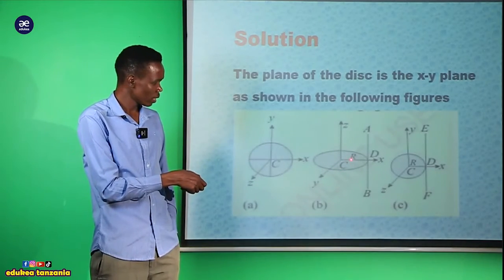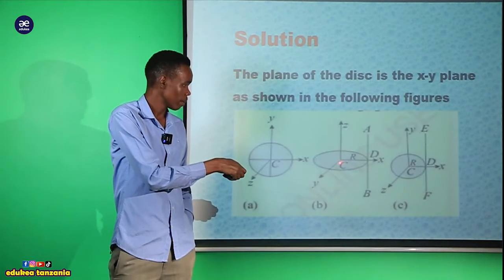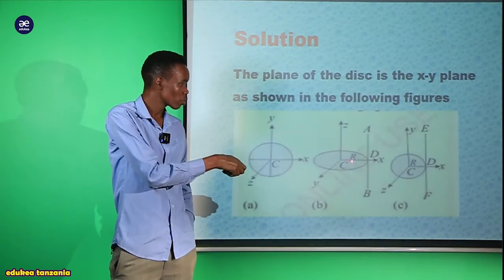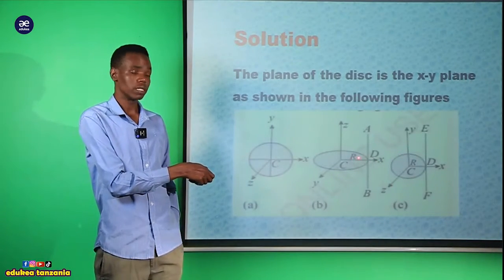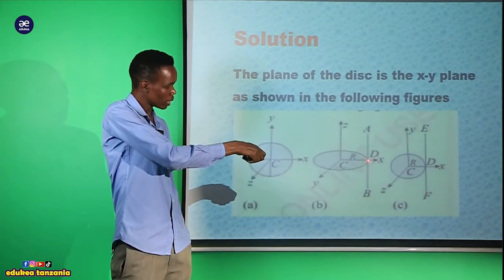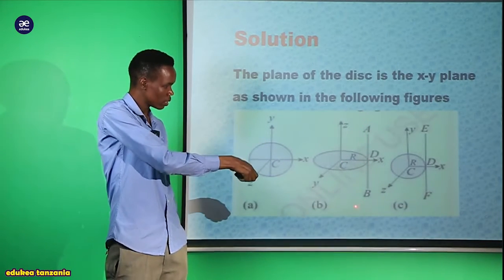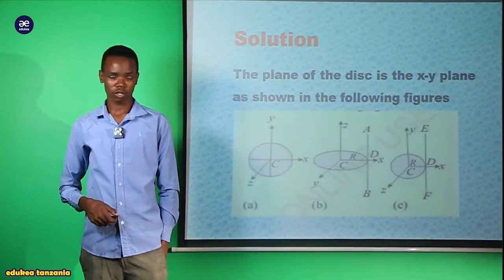So here we have the radius, the perpendicular distance from the center of this xy plane, which must be represented as equal to r. The distance from the center up to AB, which is the parallel axis, must be equal to r.